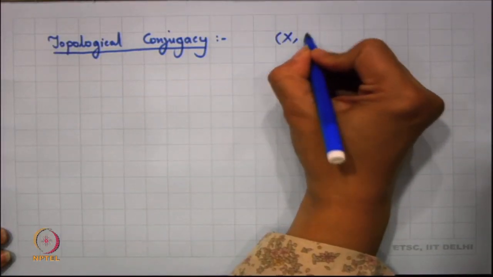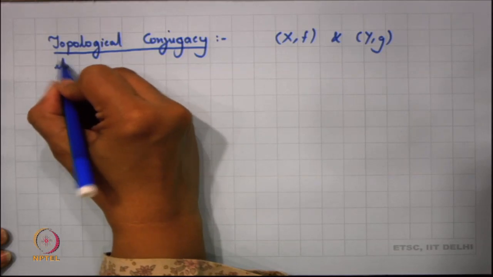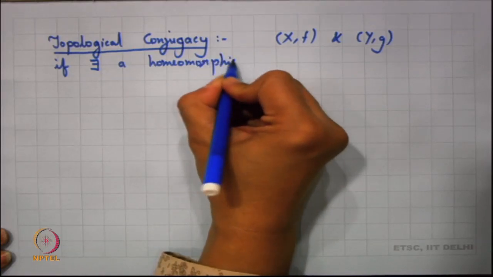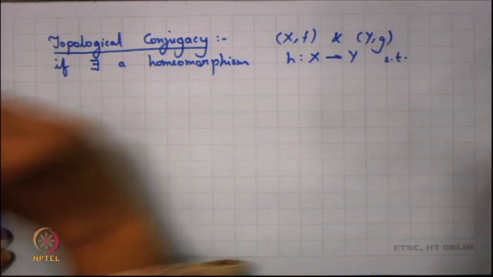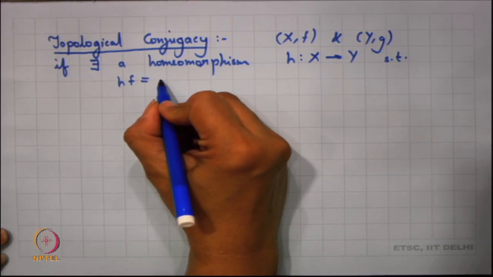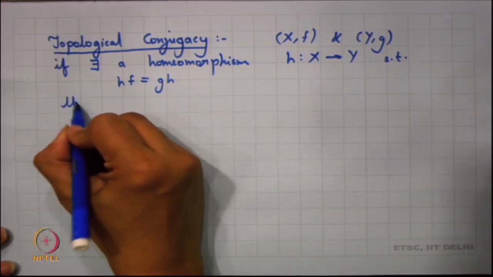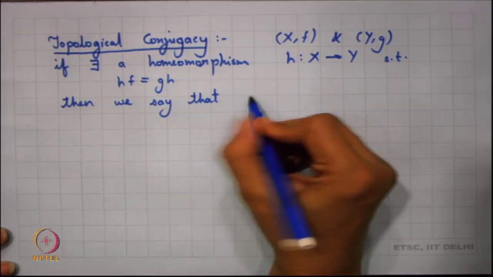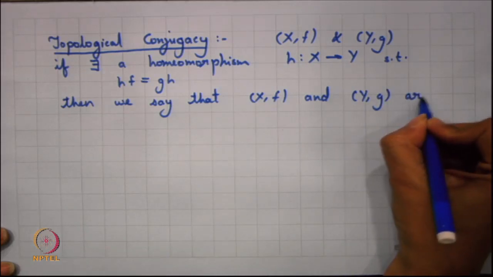I am given systems (X, f) and (Y, g), and for these systems, if there exists a homeomorphism h from X to Y such that h of f equals g of h, then the systems (X, f) and (Y, g) are topologically conjugate.